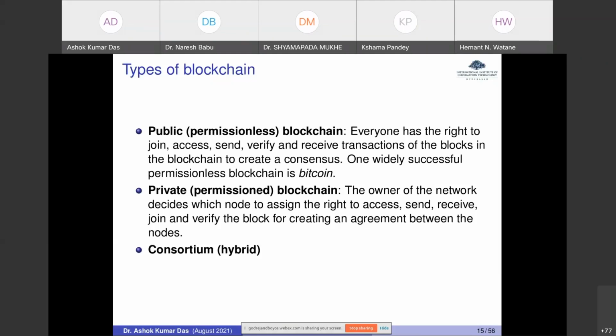One example where we can use a private or permissioned blockchain is healthcare applications or military applications.